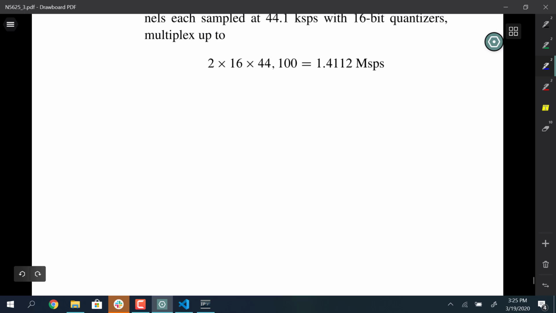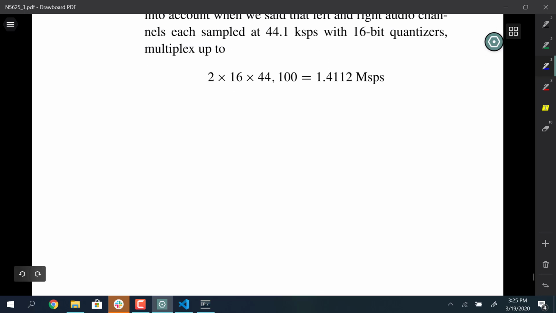So I'm going to use this space here to draw up a little example, and this is the kind of thing that I like to put on a quiz or an exam problem.